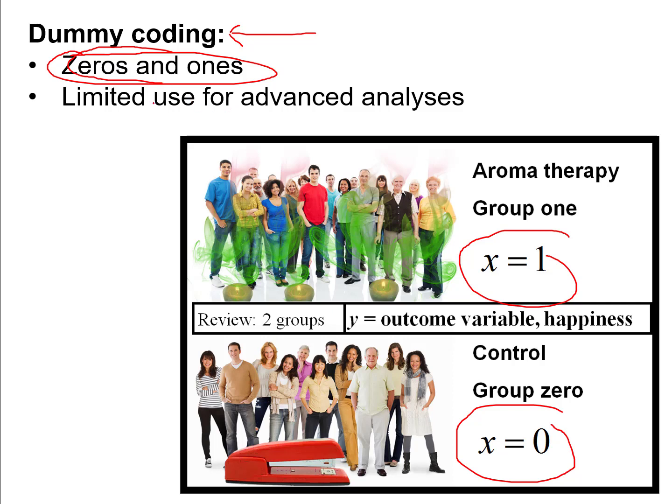But now that we're going on to a situation where we want to do multiple contrasts, where I have more than two groups, there actually are ways we could use dummy coding, but it's going to be more limited and not as useful. So dummy coding is of limited use for some more advanced analysis. The thing that I'm showing you goes beyond dummy coding, where we use zeros and ones, to something more advanced.